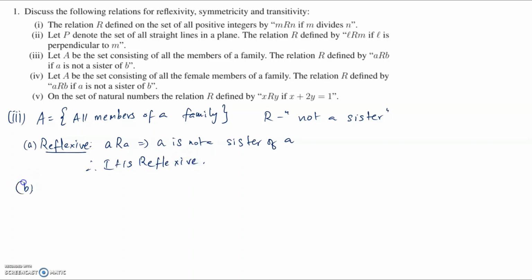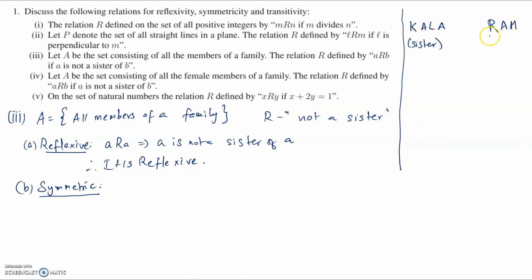Now for symmetric. Before I explain symmetric, let's look at an example. Let's say Kala is a sister and Ram is a brother. Ram is brother of Kala, Kala is sister of Ram.